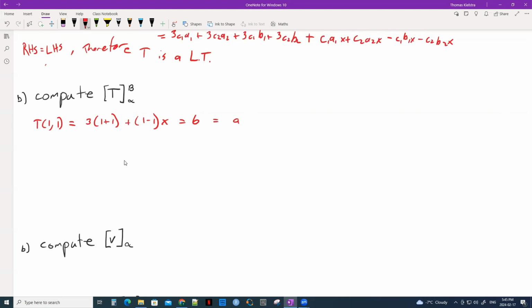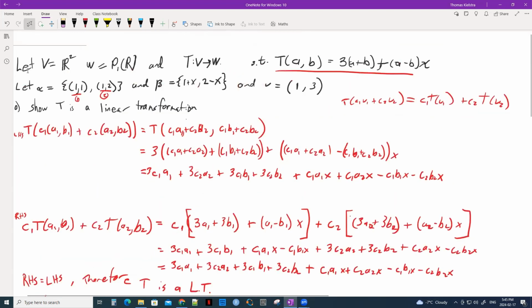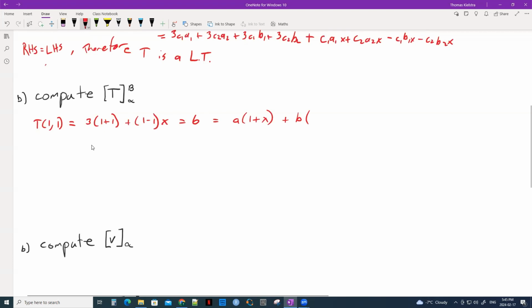And this is going to be a times 1 plus x, plus b times 2 minus x, which implies that 6 plus 0x is equal to a plus 2b plus a minus b all times x, which gives us the following system of equations.